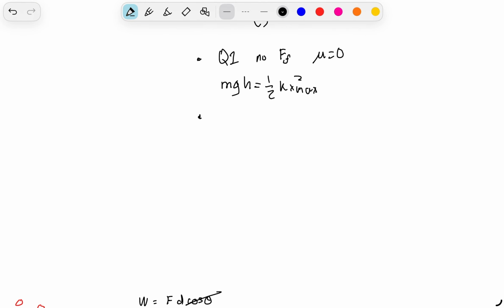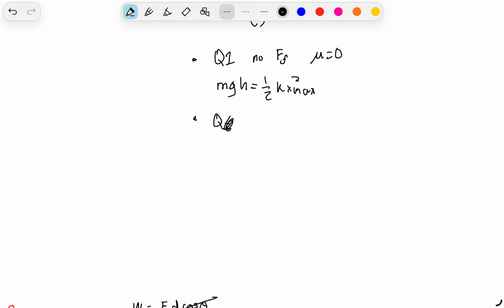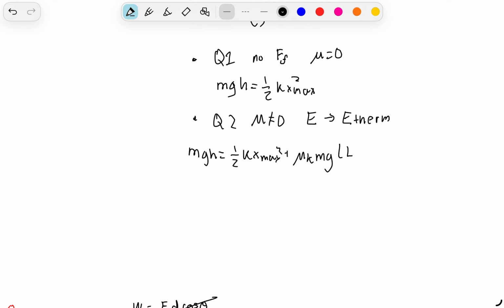However, when we are in question 2, we actually have friction. It does not equal 0. So that means that some of our energy will convert into thermal energy. So that's why we got mgh is equal to 1/2 kx maximum squared plus mu K mg times L plus X maximum. And that friction is going to remove some of our mechanical energy.